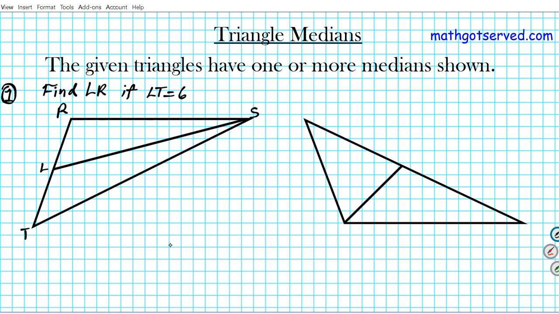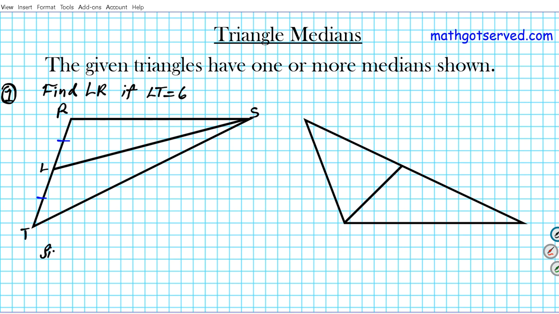Okay, so let's go ahead and solve that. Now, what do we know if SL is a median? Well, if SL is a median, we know that this side opposite this vertex will be bisected, right? So these 2 sides will be of equal measure. Let's go ahead and write down a statement.